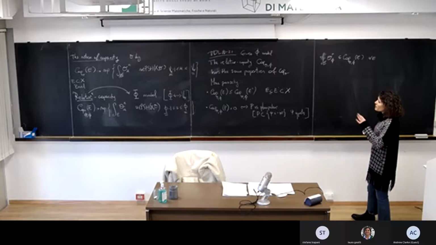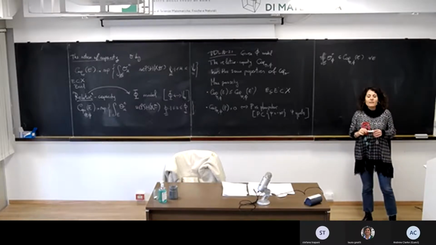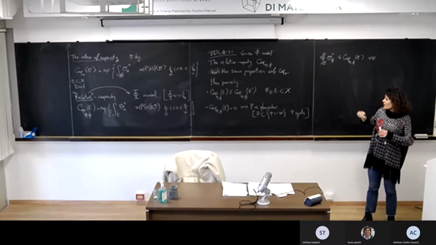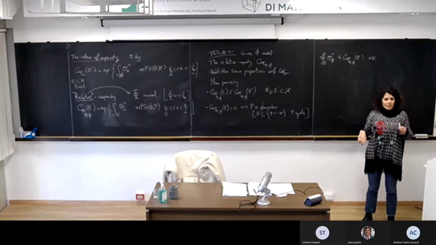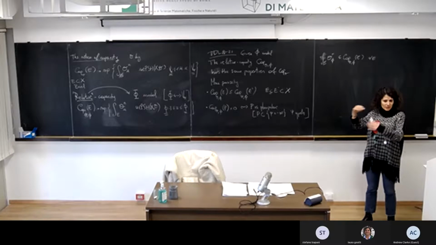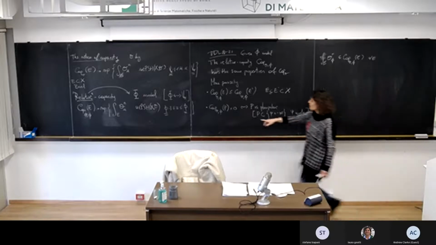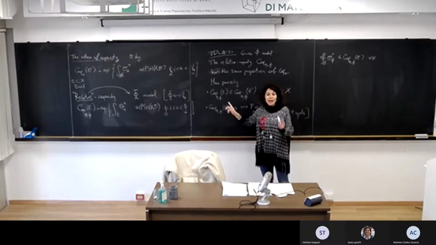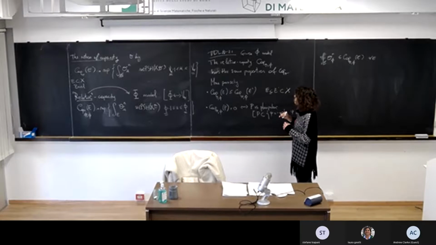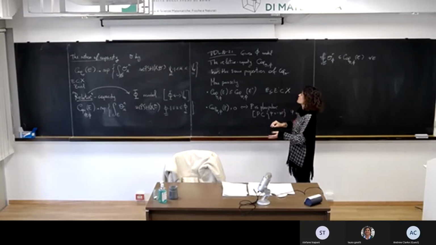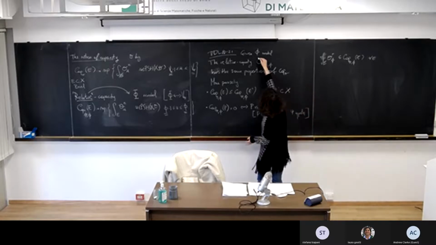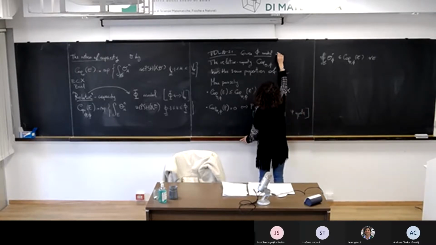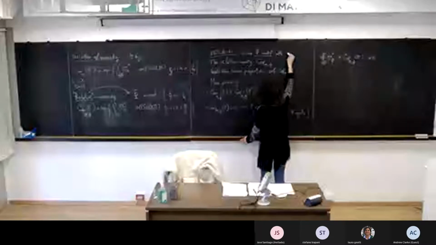Okay, so I made a complete list last time with all the properties of the classical capacity. You can just replace those properties and add the phi here, okay? And this is also important, by the way, for all these properties to hold, that phi is model with mass strictly positive.